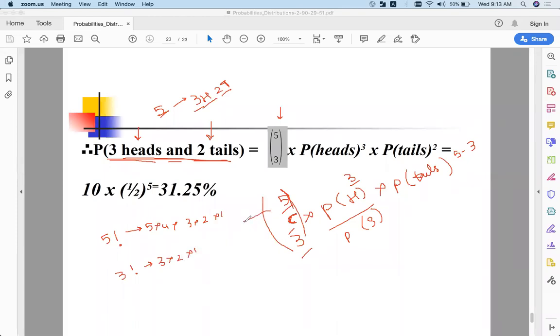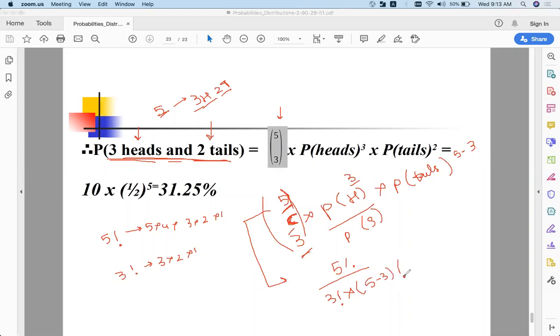The expansion of this formula, 5C3, means how many ways I can arrange 3 heads in 5 slots. So whenever I write 5C3, you can expand it in this manner: 5 factorial divided by 3 factorial multiplied by (5 minus 3) factorial.